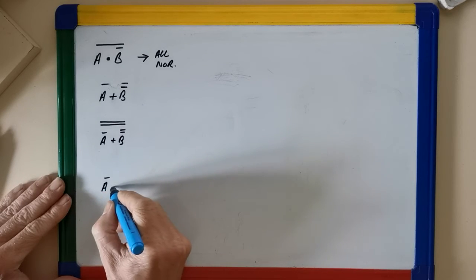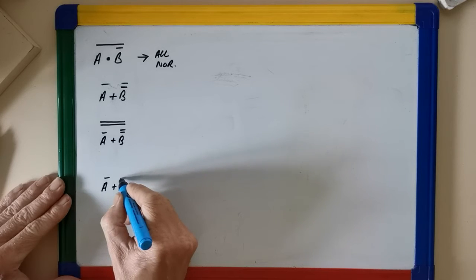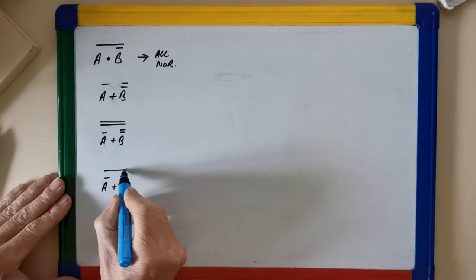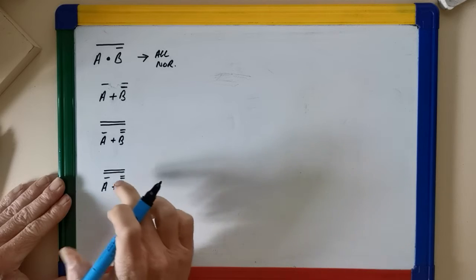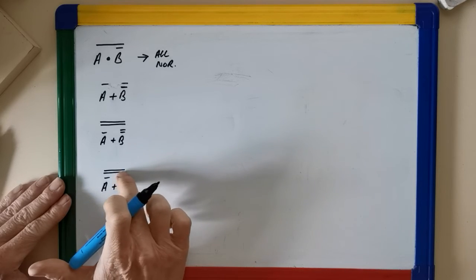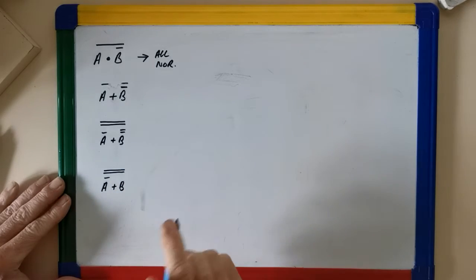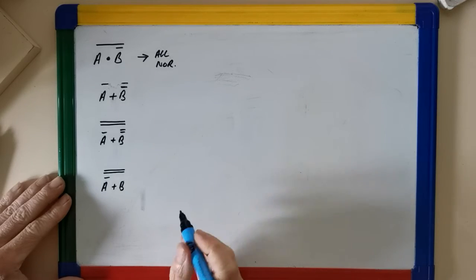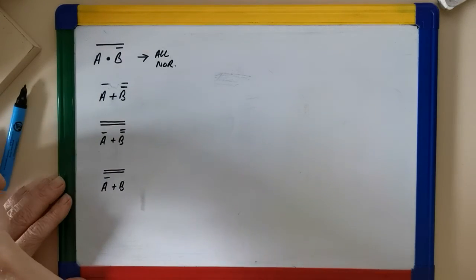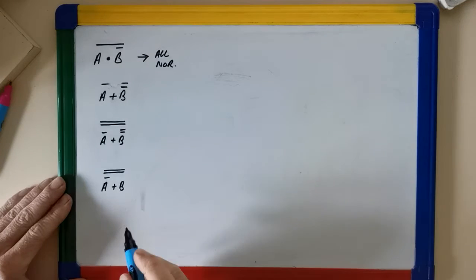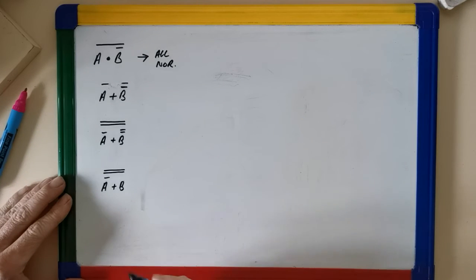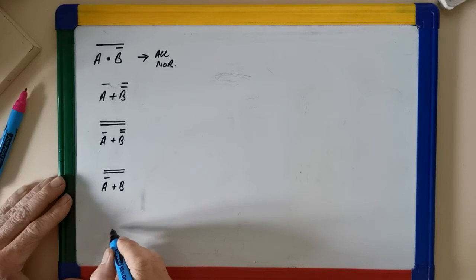So actually, if I draw that out again, we can simply cancel out these two. So now we have something which is built with all NOR gates, and because we've followed the rules, it will do the same thing.